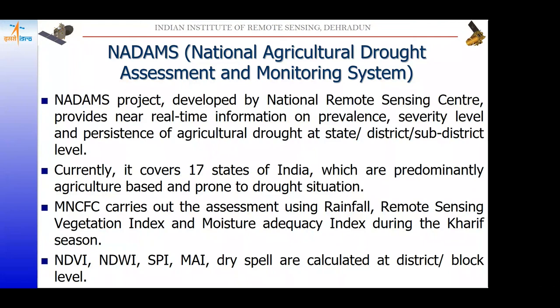Now MNCFC, the Mahalanobis National Crop Forecasting Center, Pusa campus, New Delhi, takes care of the same, in continuation with the instructions of the Government of India and the Department of Agriculture. They carry out the same assessment of the agriculture drought situation using not only ground information but also satellite derived information, and define the drought condition in terms of drought assessment and monitoring.